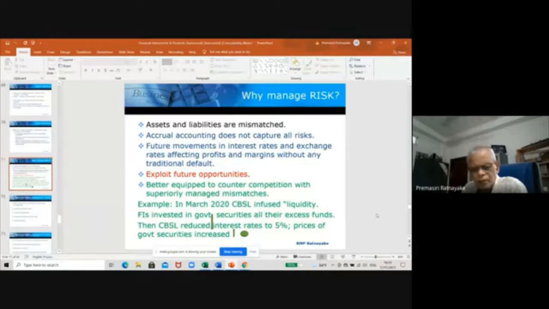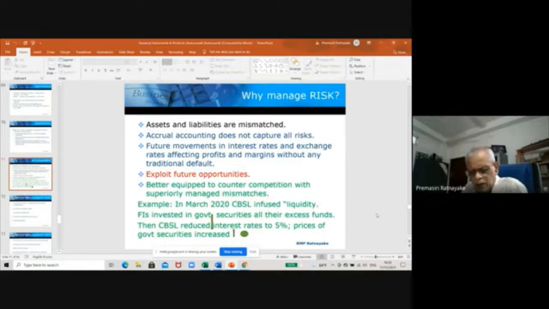So therefore, these mismatches and this scenario itself: long-term assets on the interest rate curve, the longer the tenor, the higher the interest rate. And when it comes to the liabilities profile, short-term liabilities, the short-term interest rate curve is naturally less, so there are lower interest expenses on the liabilities.